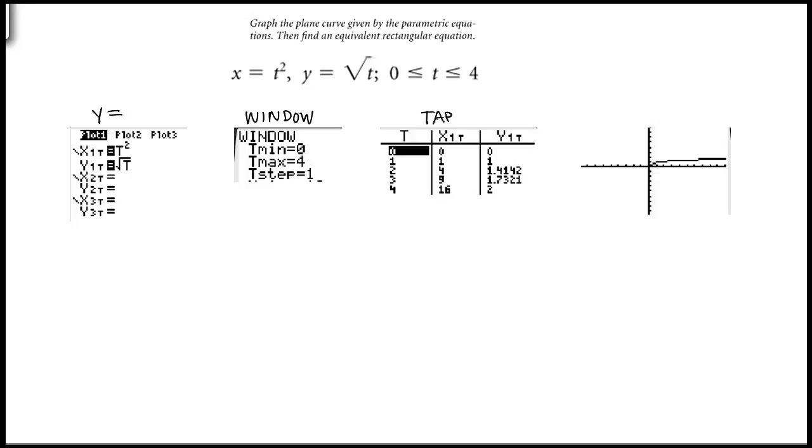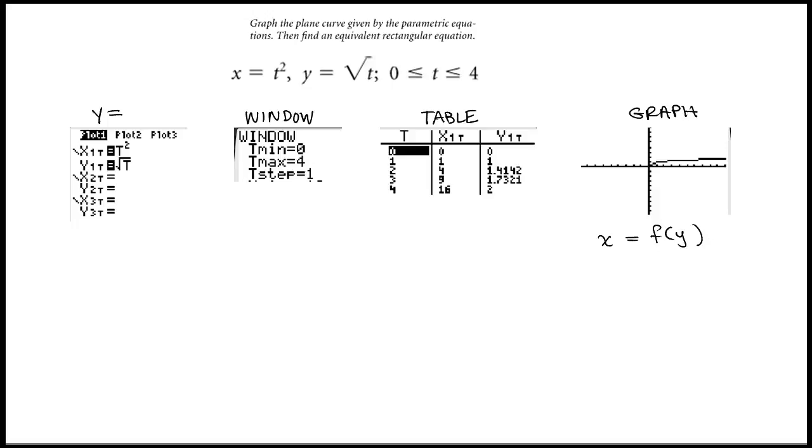Take a look at the table to see what the ordered pairs look like, and then take a look at the graph. Because the function is written where it is going parallel to the x-axis, that is a giveaway to say x is equal to a function of y. The reason why it's important for us to find the equivalent rectangular equation, that means the first thing we do is take the y equation and solve for t.